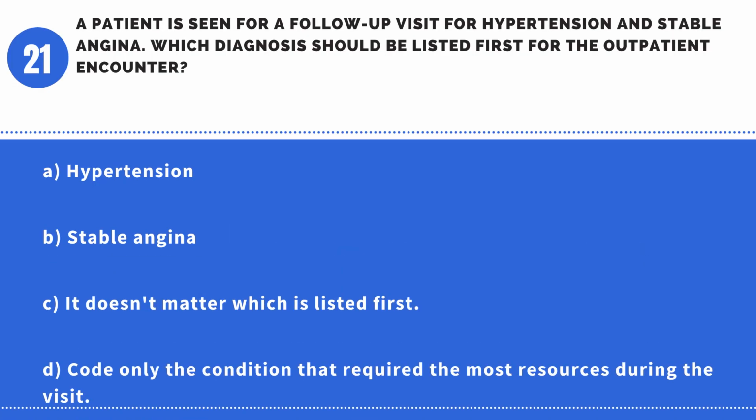Question 21. A patient is seen for a follow-up visit for hypertension and stable angina. Which diagnosis should be listed first for the outpatient encounter? A. Hypertension, B. Stable angina, C. It doesn't matter which is listed first, D. Code only the condition that required the most resources during the visit.